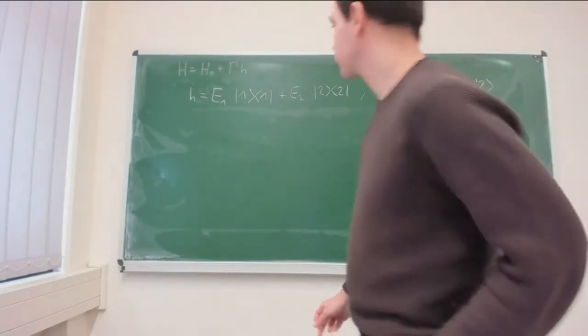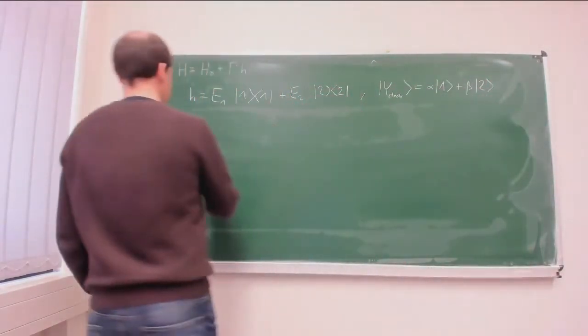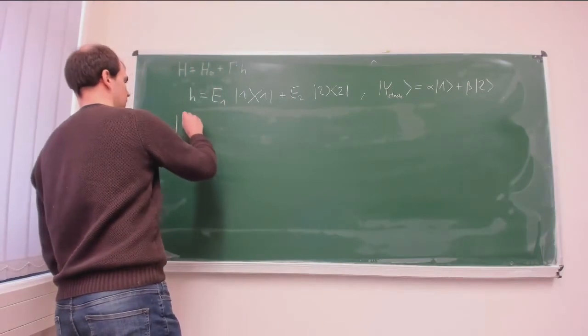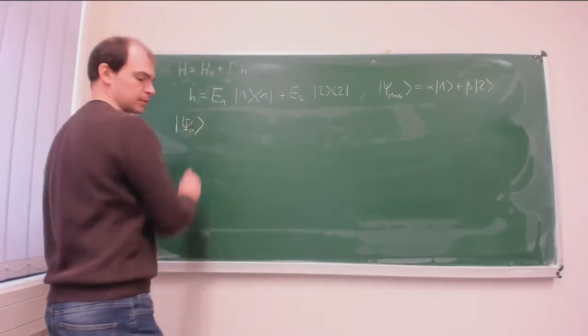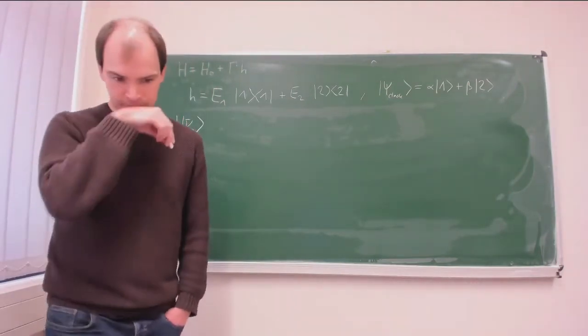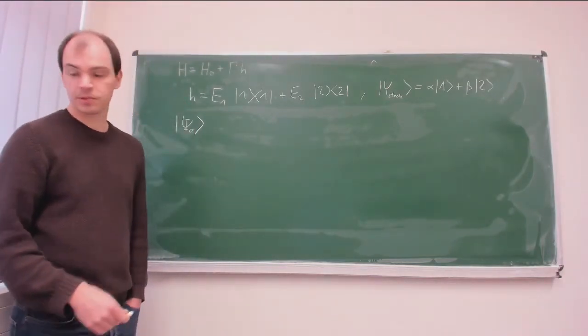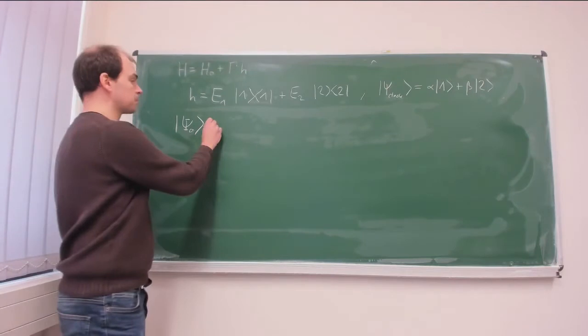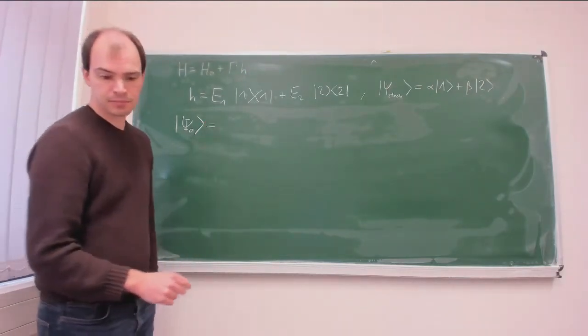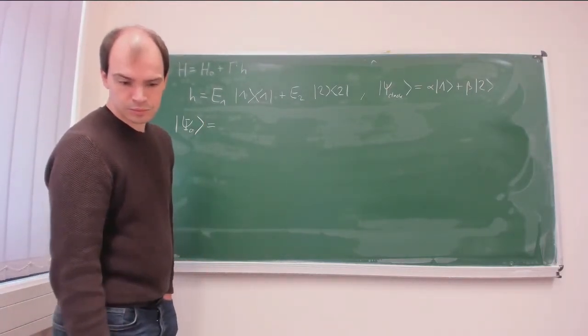Now our total state, we call this psi 0, is supposed to be at the beginning a product state.